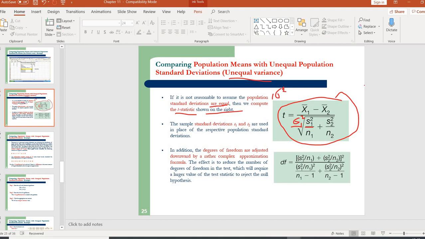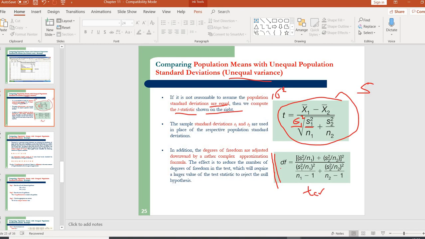If the standard deviation of the population is not known, we replace it by the standard deviation of the sample. But now one more question arises: how do we determine the degrees of freedom that will allow us to compute the t critical value?